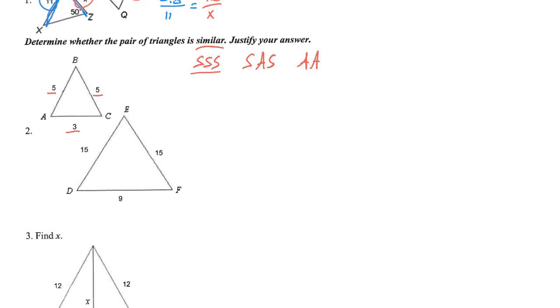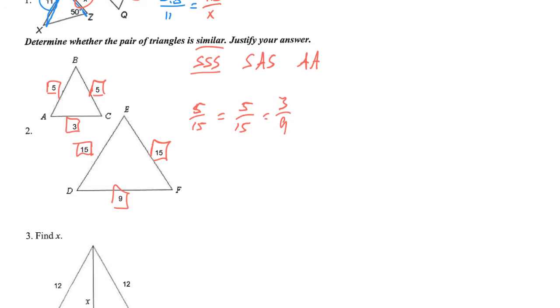And again, you want to be consistent. So I'm going to put this 5 with this 15, 5 with 15, and then I'm going to go to the next 5 and the next 15, and then I'm going to do the 3 with the 9. So you just want to make sure you're consistent with the corresponding parts going in the same order.